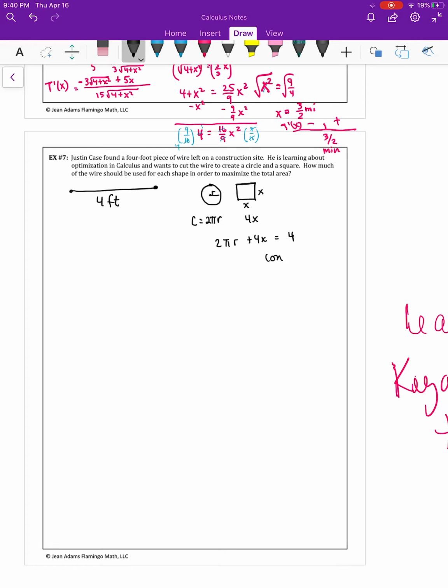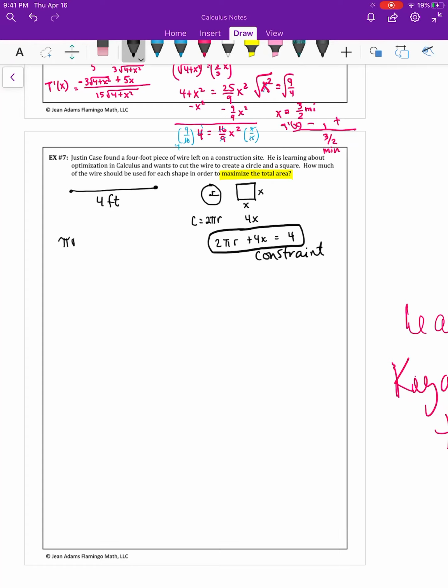So I know that 2 pi r plus 4x needs to equal 4 feet. Now, that's not what he's going to minimize. That's one of our constraints. That is a constraint equation. There we go. That's our constraint equation.